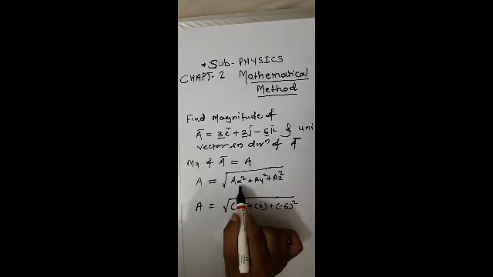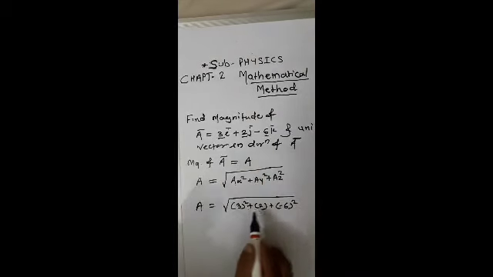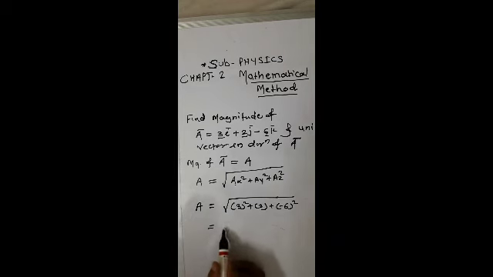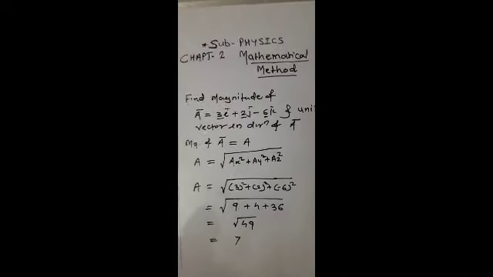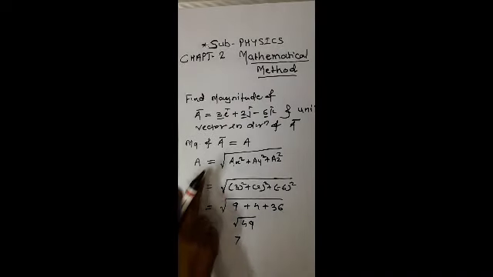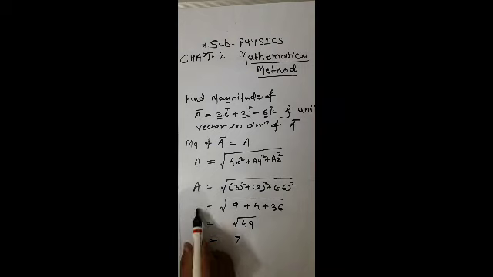Then comparing, ax, ay, az are 3, 2 and minus 6, and their squares: the square of 3 is 9, the square of 2 is 4, and the square of minus 6 is also plus, that is 36. Then we add them: this is 49, and the square root of 49 is equal to 7. So this is nothing but the magnitude of vector a bar. This is a, not a bar; this is the magnitude.